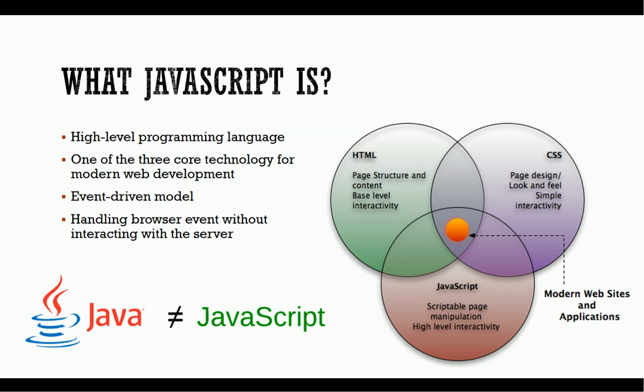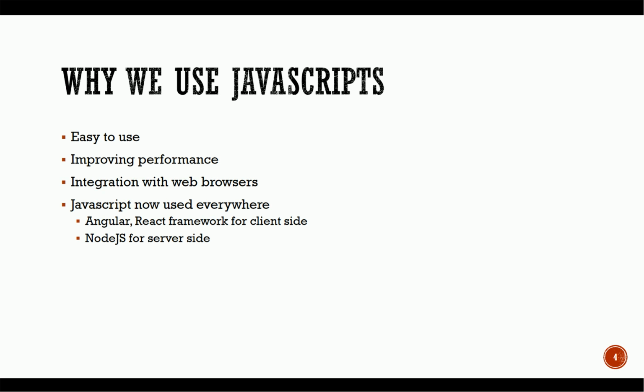Java is an object-oriented language, which means it simulates real objects in the real world. On the other hand, JavaScript is an event-driven model, so it doesn't have object types, or uses them very rarely.